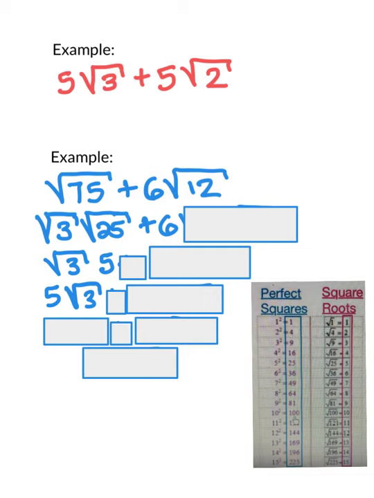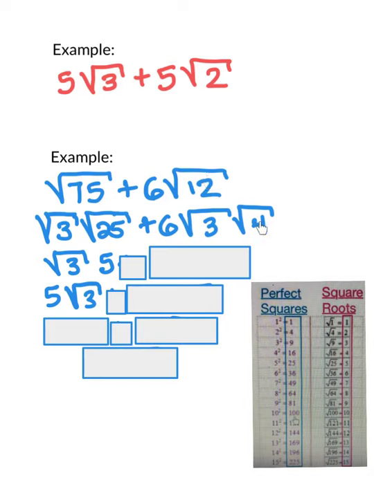And then again, we want to look at the 12. We want to factor the 12 into smaller things, using numbers from the perfect squares list. So I know that I can take 12 and write it as 3 times 4. And notice how I wrote it as the square root of 3 times the square root of 4, because the 12 was underneath the square root sign in the first place.